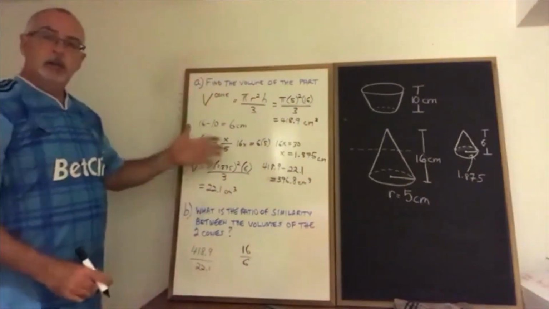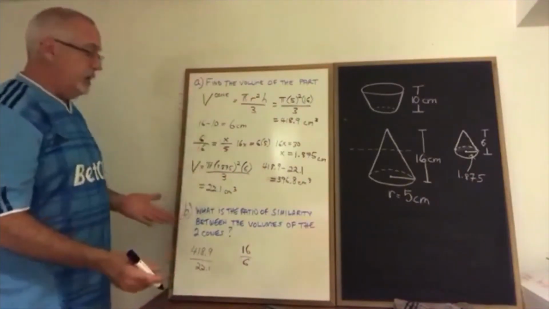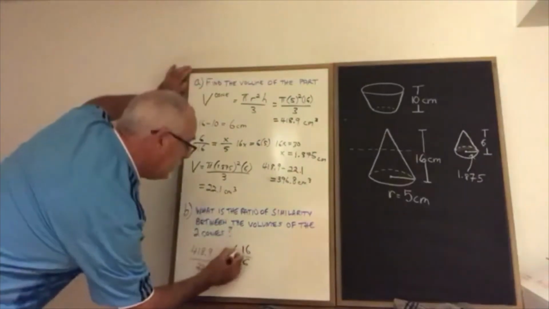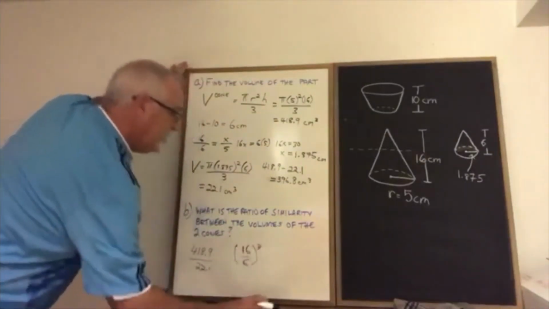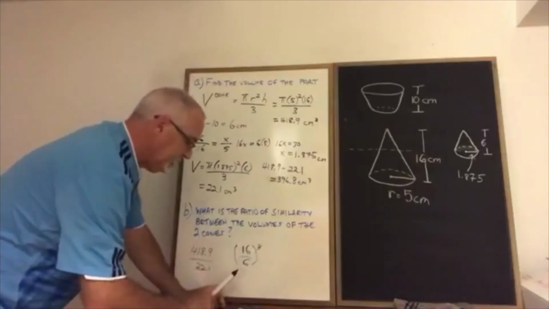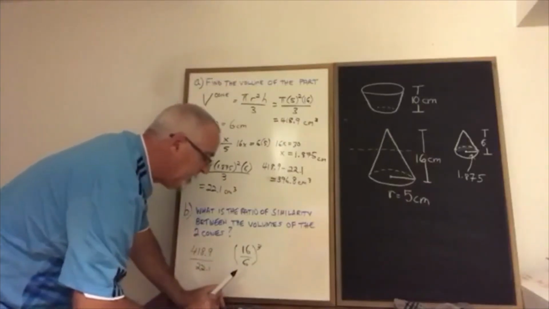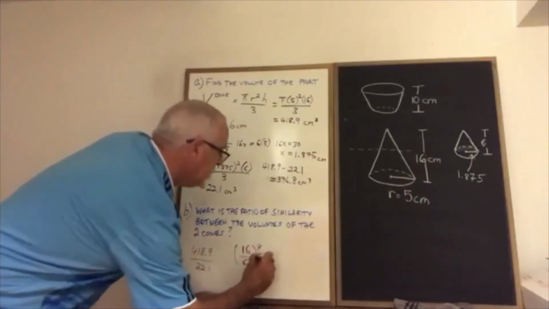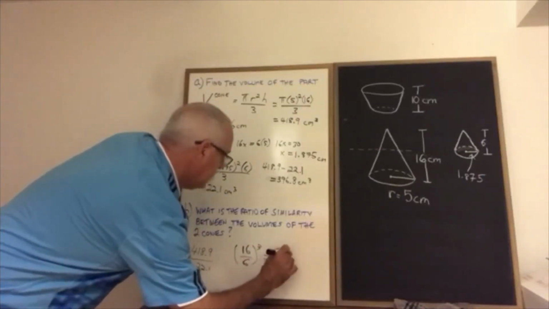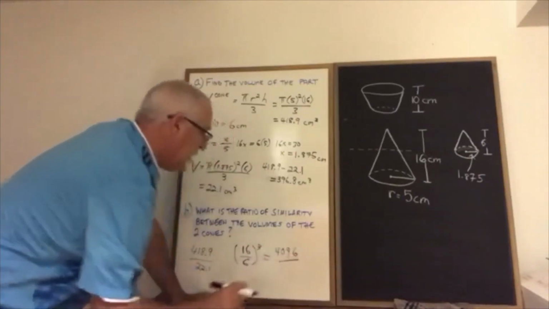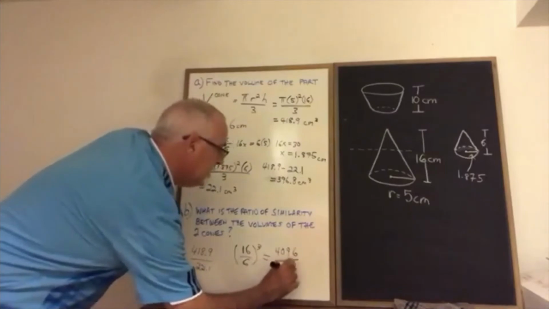That works for the radiuses and the heights and the slant heights if we need them. But we need to cube that. 16 cubed is 4,096, and 6 cubed is 216.